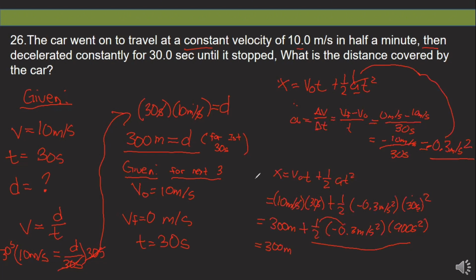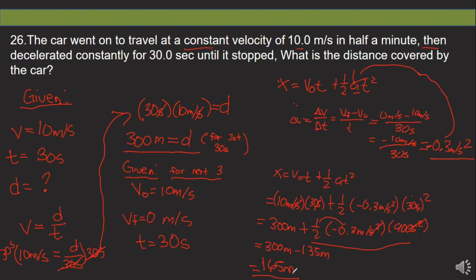The answer is negative 135 meters, since we cancel the seconds squared. So we have 300 meters minus 135, which is 165 meters. This is now the distance covered for the next 30 seconds.